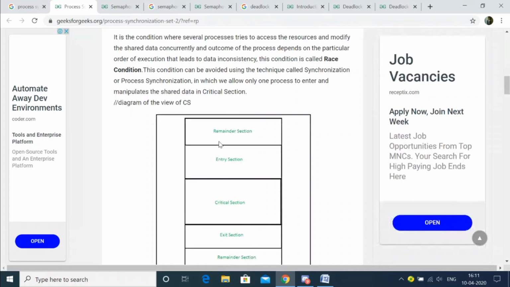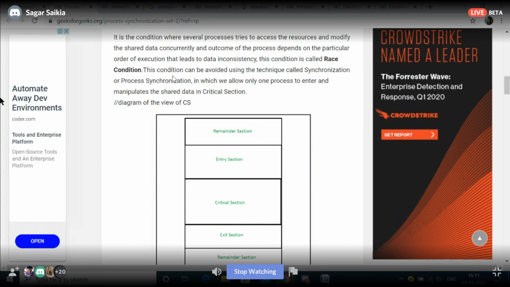So in process synchronization, what do we do? We allow only one process to enter and change that shared data in the critical section. Again, I'm saying, race condition, we have already seen, leads to data inconsistency for a shared variable or shared part of the coding.